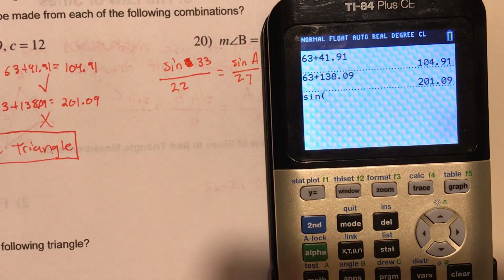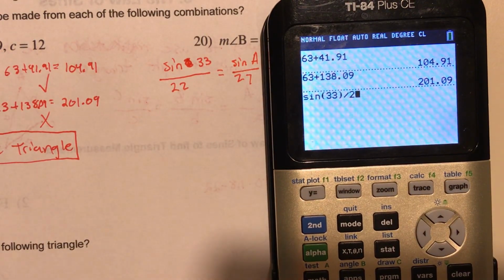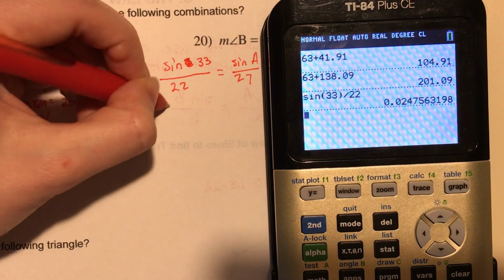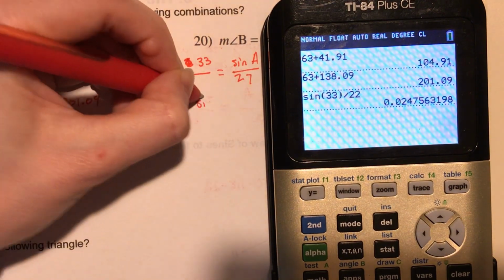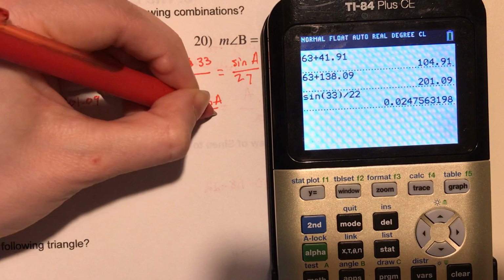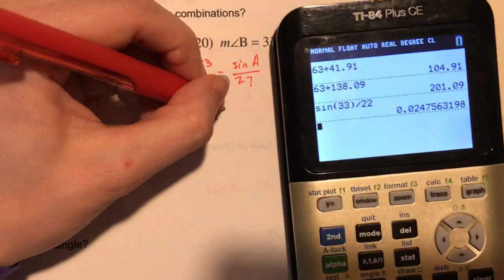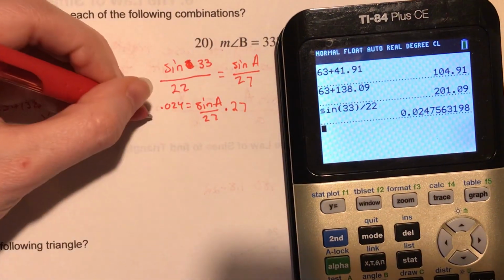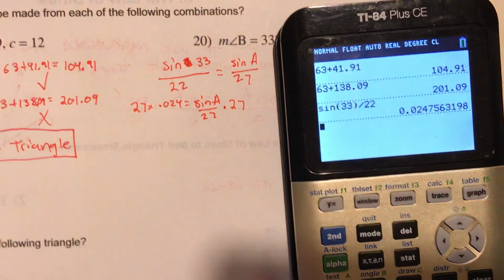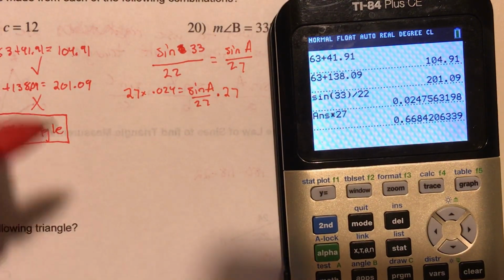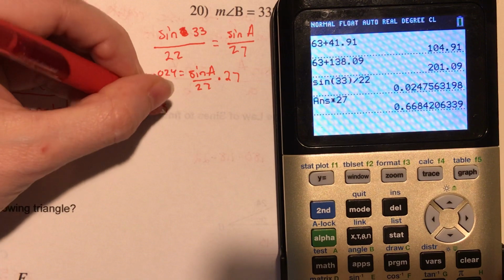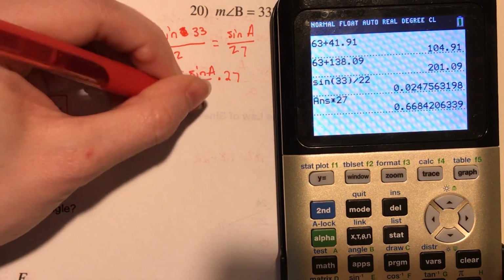So sine of 33 divided by 22, that's 0.024 equals sine of A over 27, and of course multiply both sides by 27. So times 27, we get 0.668 is equal to sine of A.